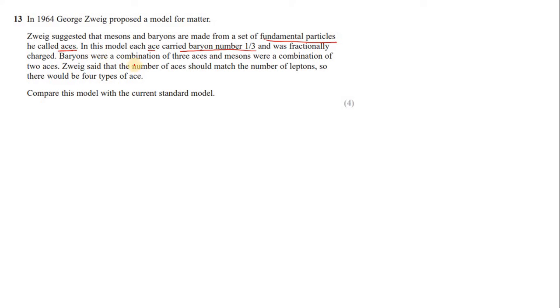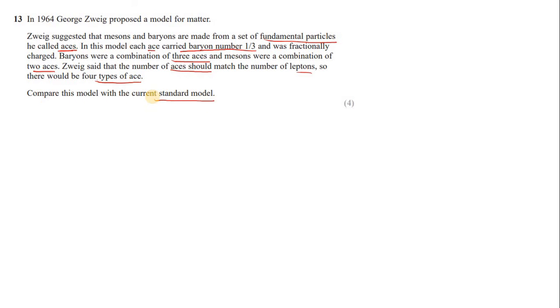Baryons were combinations of 3 aces, so mesons were combinations of 2 aces. Zweig said that the number of aces should match the number of leptons, so there would be 4 types of aces. Compare this model with the current standard model.